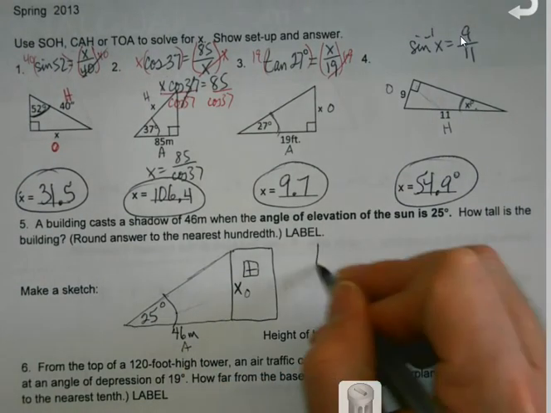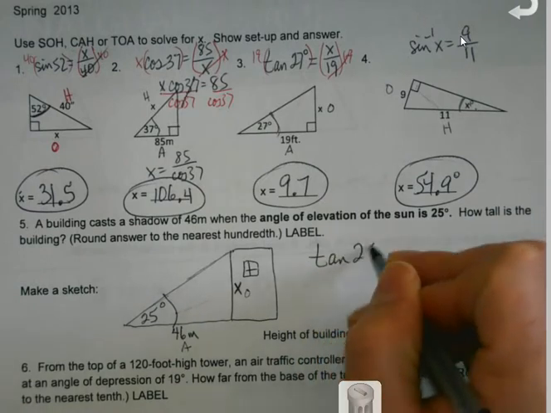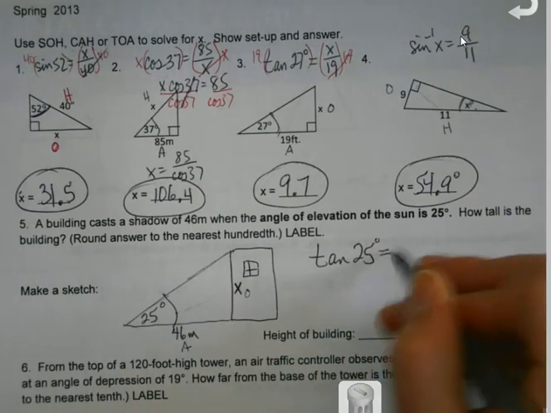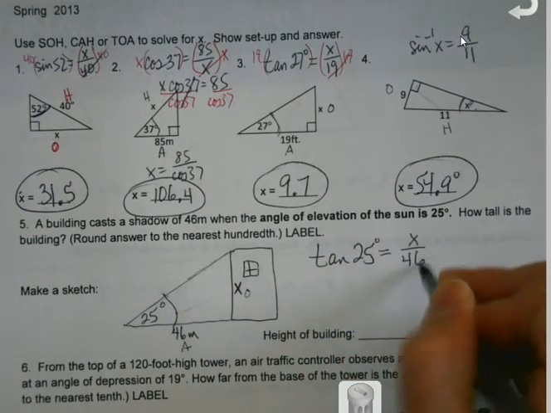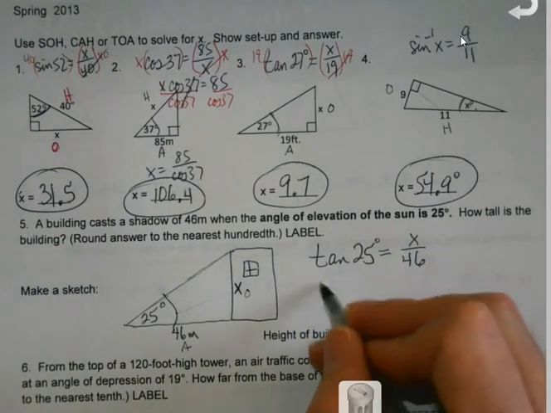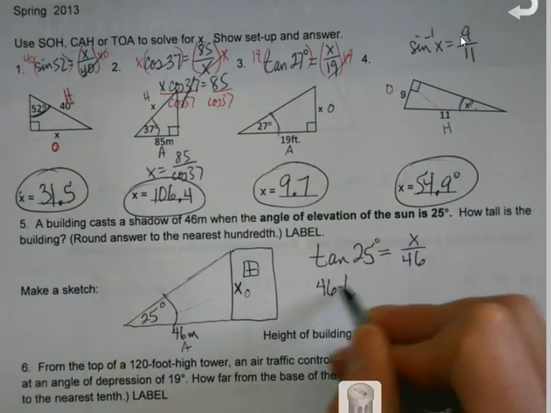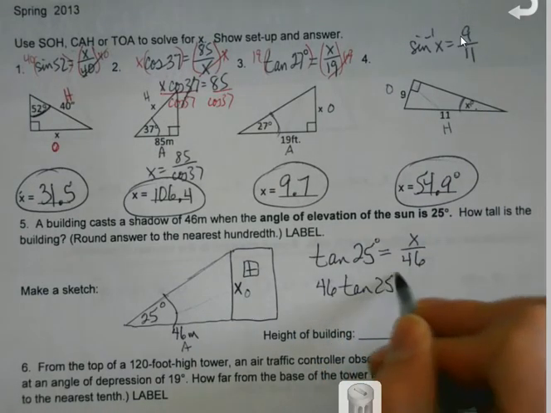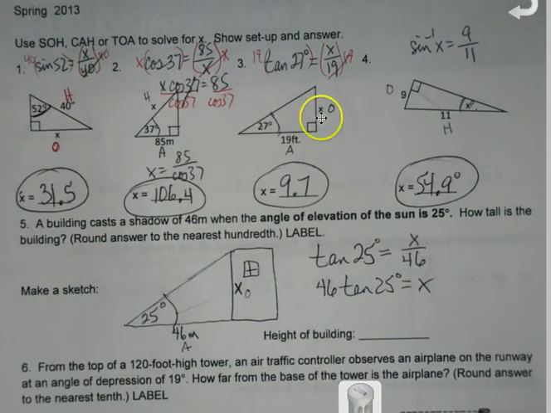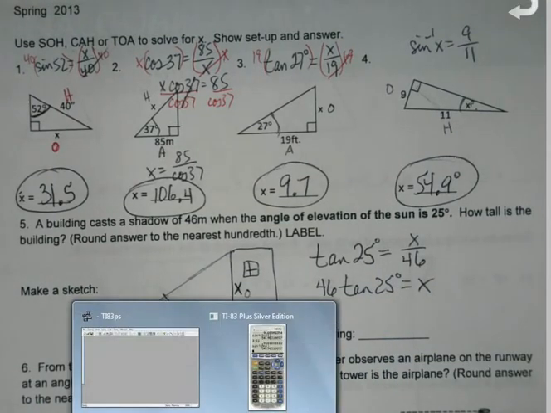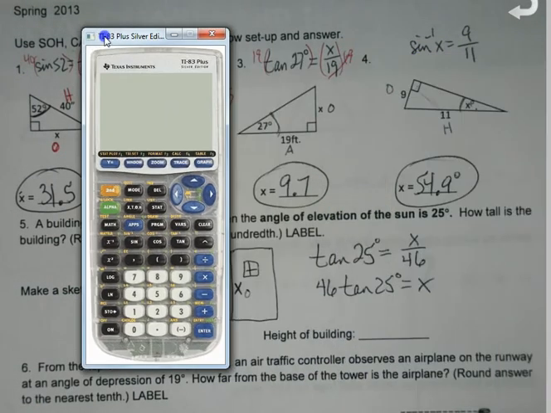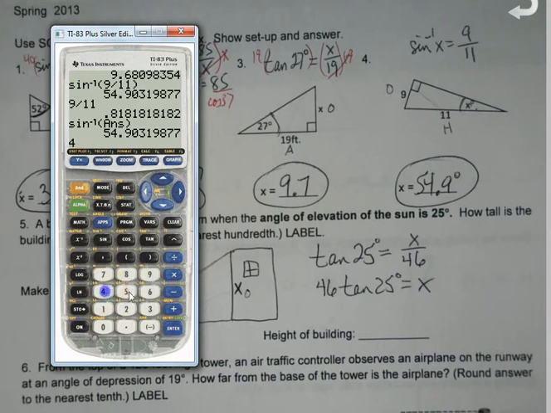So I'm going to be using tangent, opposite over adjacent, and when I multiply through, okay, now a couple of things to notice here as I get down towards my answer. So let's see, 46 tangent 25.